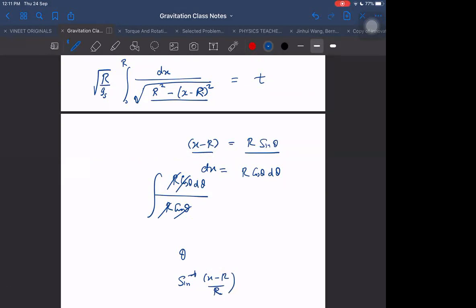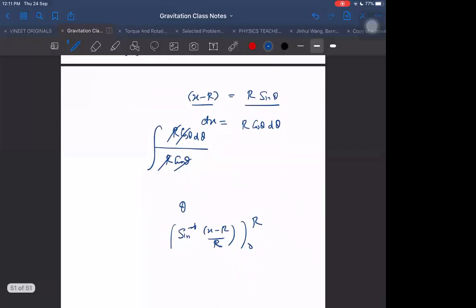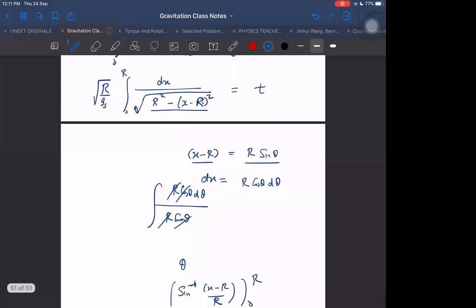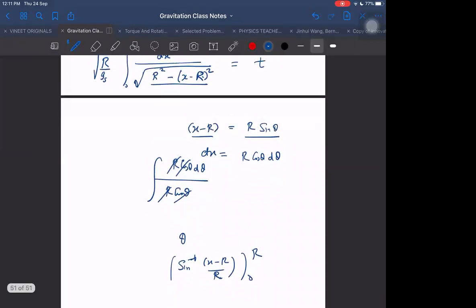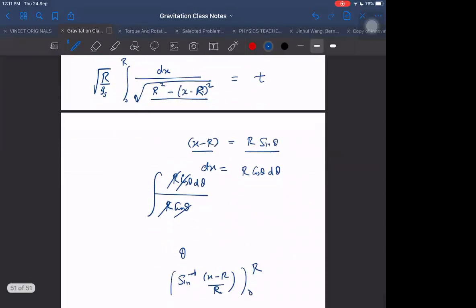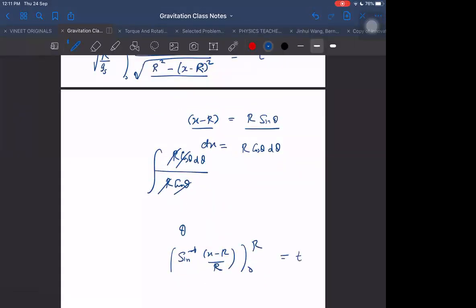Limits from 0 to r. That is sin inverse 0 minus sin inverse of minus 1, which is 0 minus of minus pi by 2.